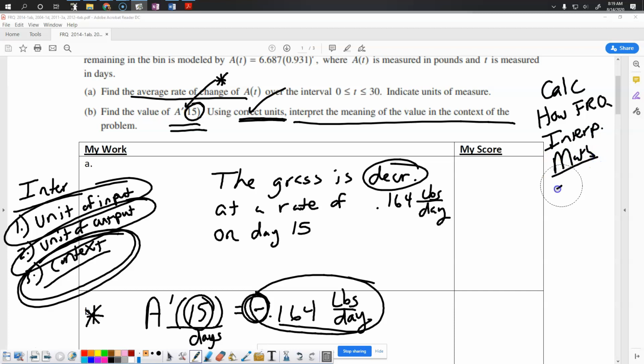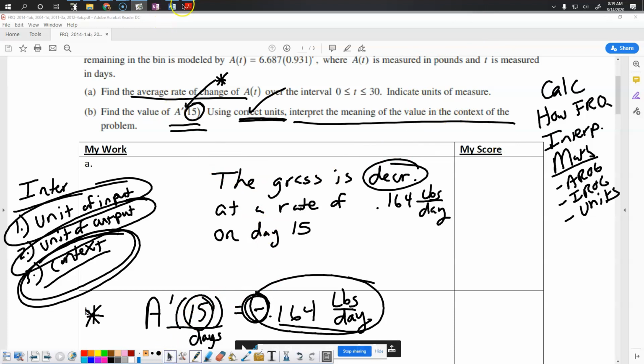This problem was average rate of change, instantaneous rate of change, and units. So this was a lesson chock full of information for you guys. Hopefully it's helpful to you. In the long run, these should not take you that long. The more time you put in, though, the better you're going to do.